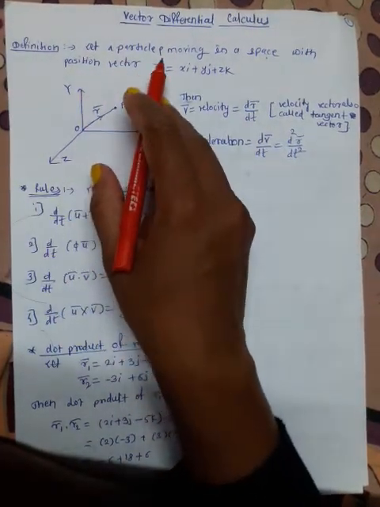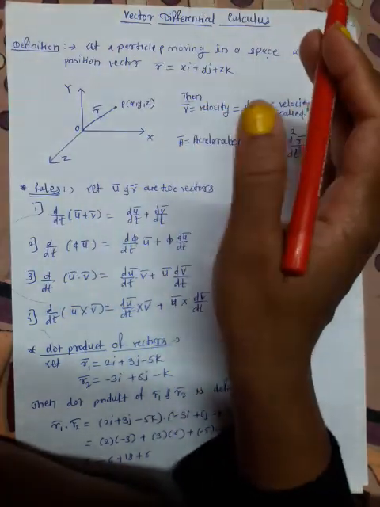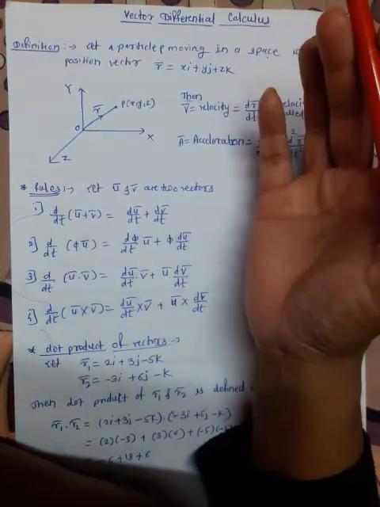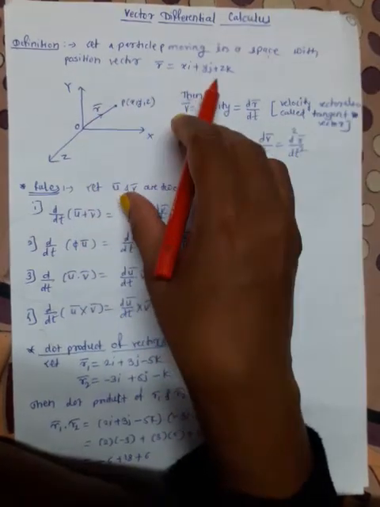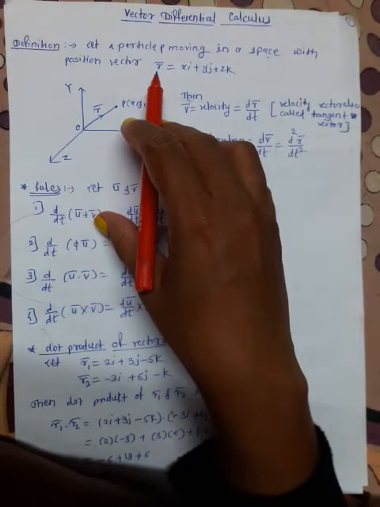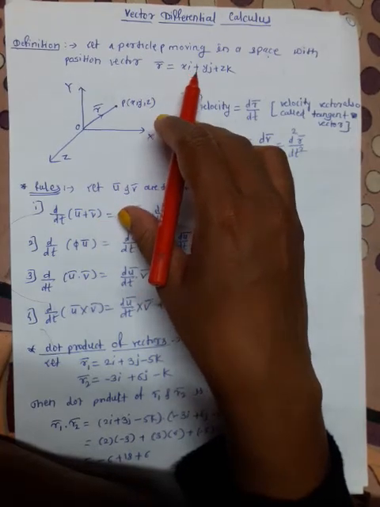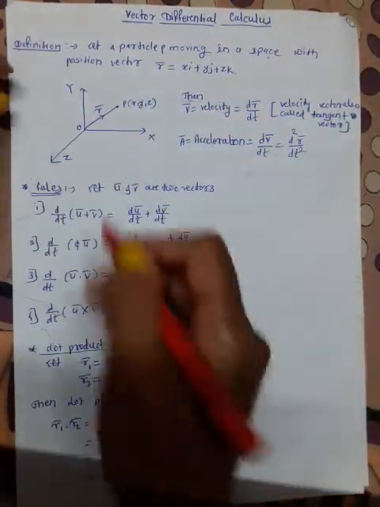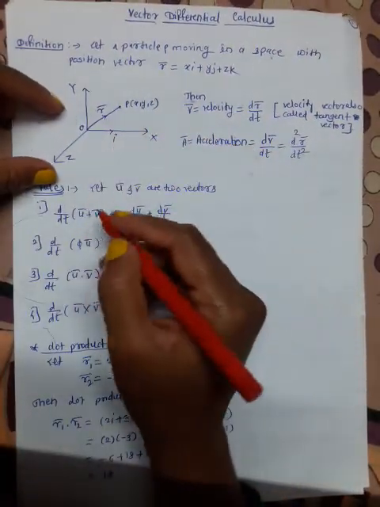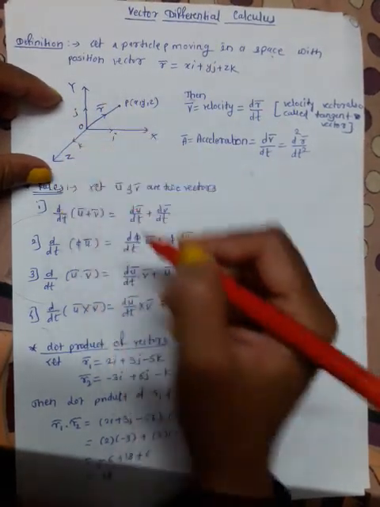Suppose a particle P is moving in a space, which has three dimensions: x-axis, y-axis and also z-axis. The position vector of that point is generally denoted by r bar, where r bar is given by xi plus yj plus zk, where i, j, k are the unit vectors. Along the x-axis, i is a unit vector, along the y-axis, j is a unit vector, and along the z-axis, k is a unit vector.